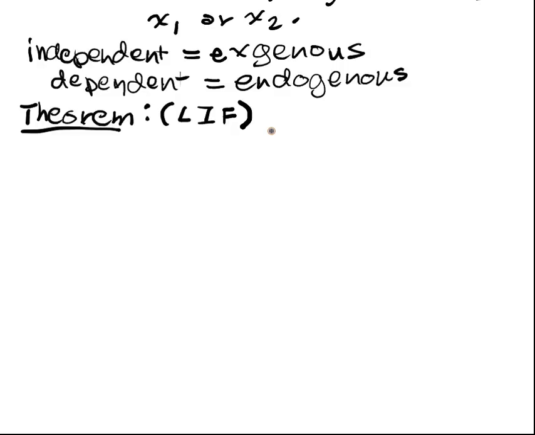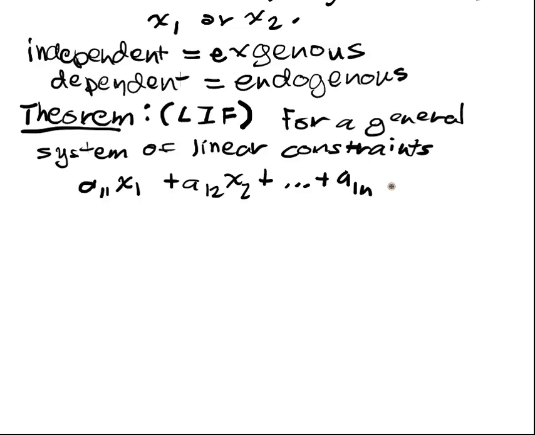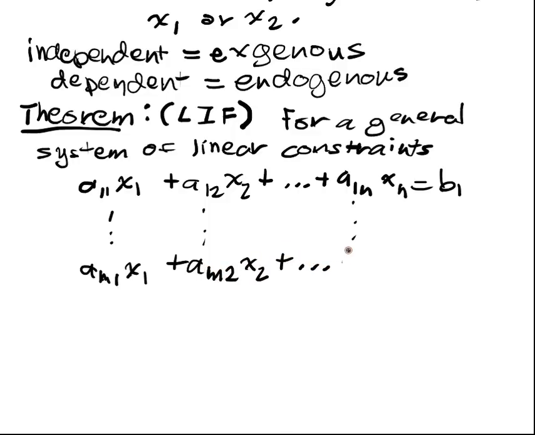So the theorem is that for a general system of linear constraints, and remember that system looks like a11 x1 plus a12 x2 plus ... plus a1n xn, so I have n many variables, is equal to b1, and then I keep going for m many equations, and I have am1 x1 plus am2 x2 plus ... plus amn xn is equal to bm, and I'm going to call this system star because I want to refer to this system again.